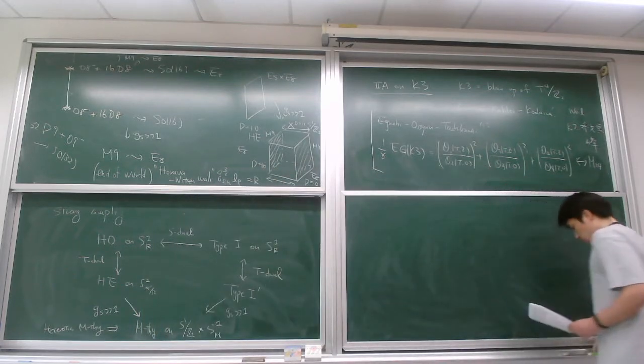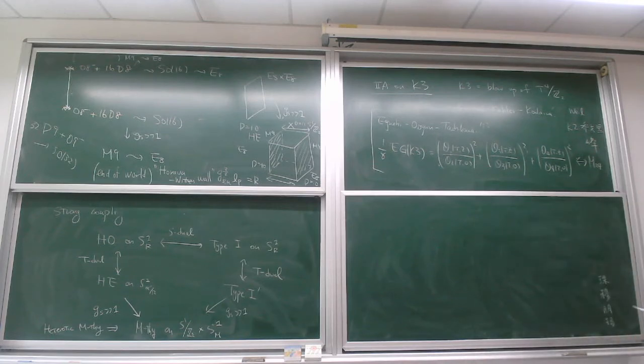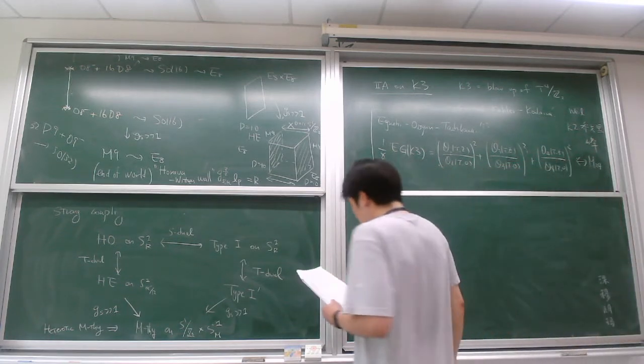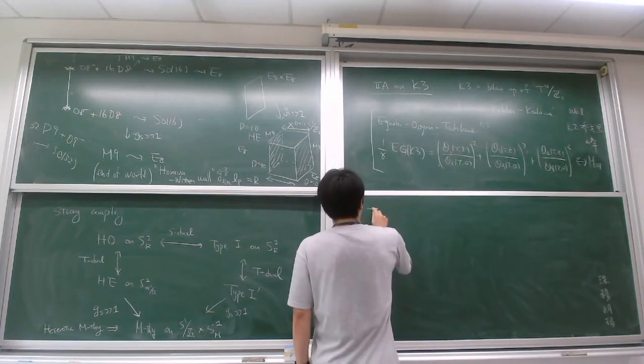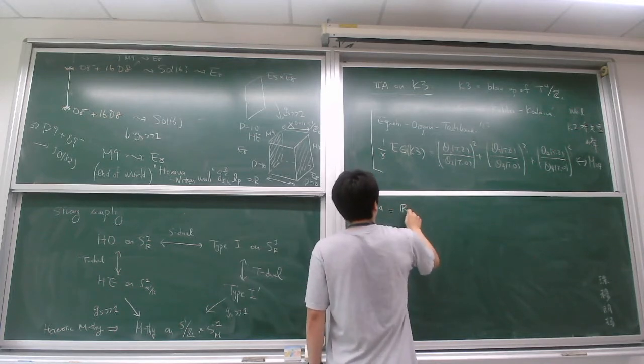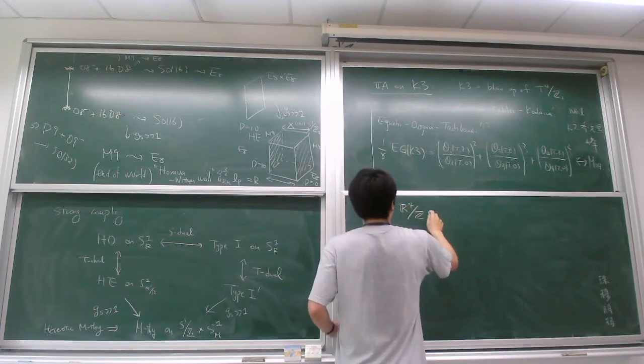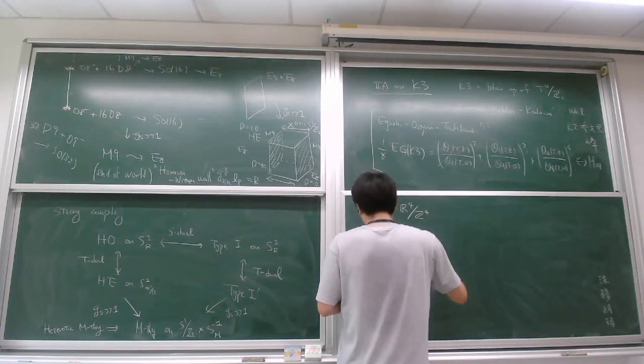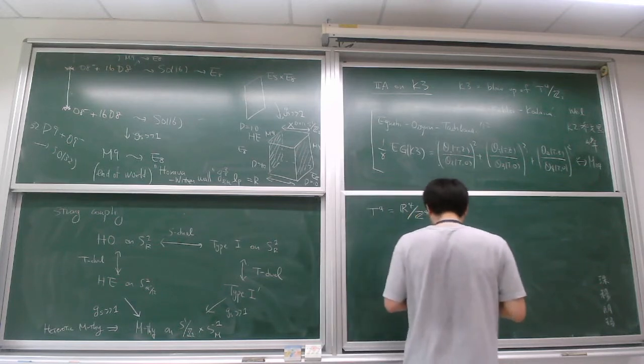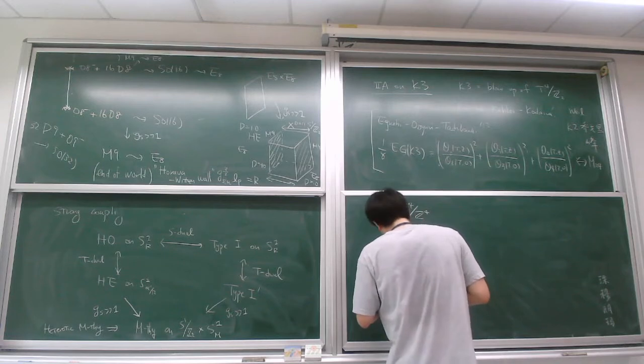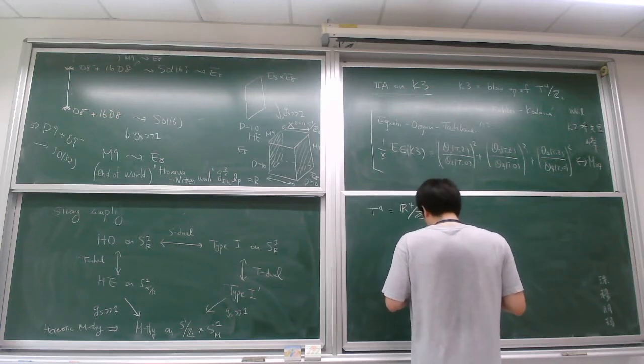Okay, so what is K3? Let's start with T4, which is R4 over Z4.